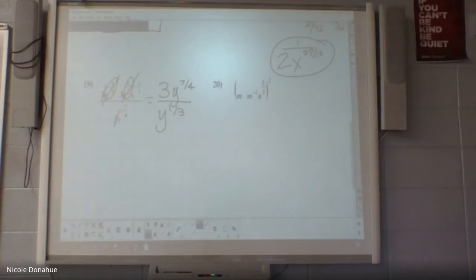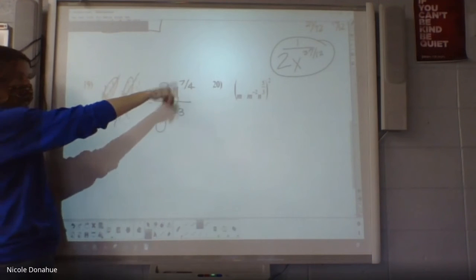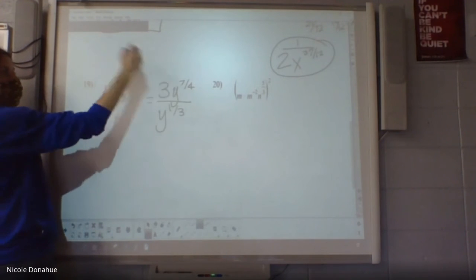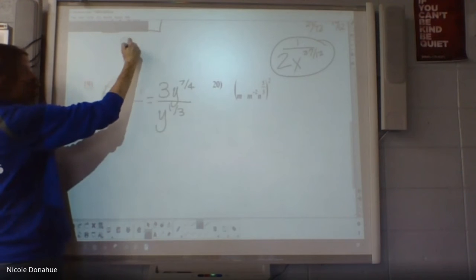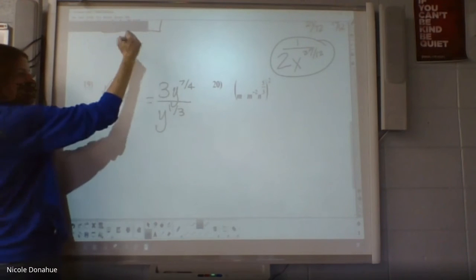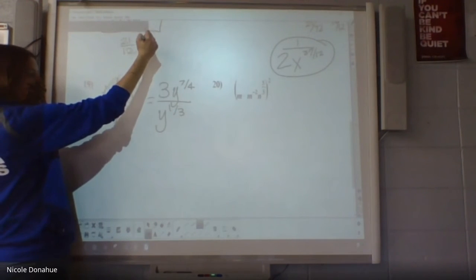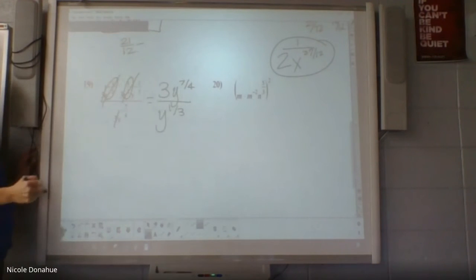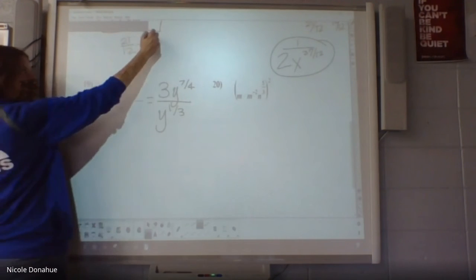Now, where are there more? Top, because 7/4 is bigger than 1/3. We need a common denominator though, and we're going to subtract them. So the common denominator again is going to be 12. So this is going to be 21/12 on top, minus 4/12, so multiply by 4.